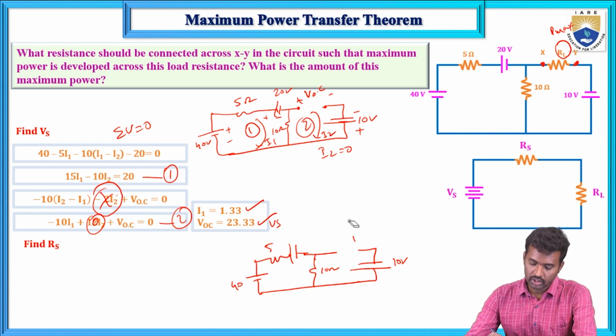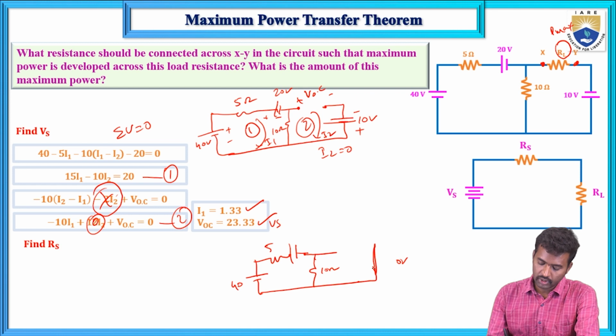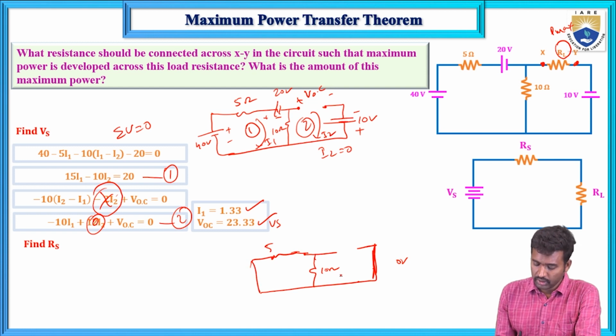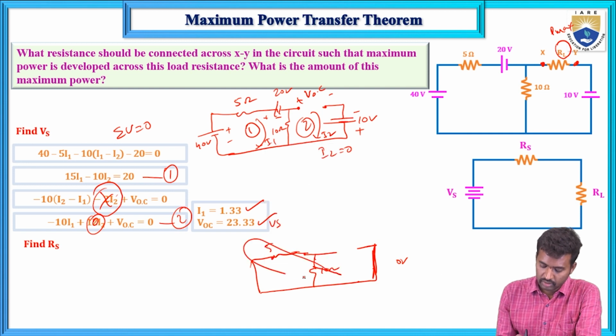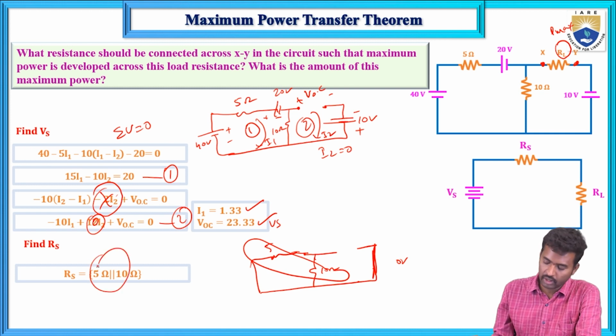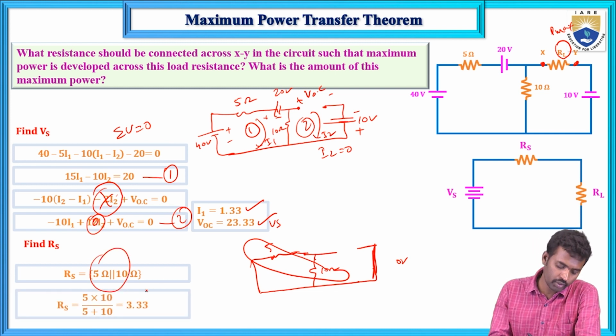Each voltage source is replaced by a short circuit. Now 5 and 10 are connected in parallel. The simplification is 5 into 10 divided by 5 plus 10, that equals 3.33, and this is 23.33.